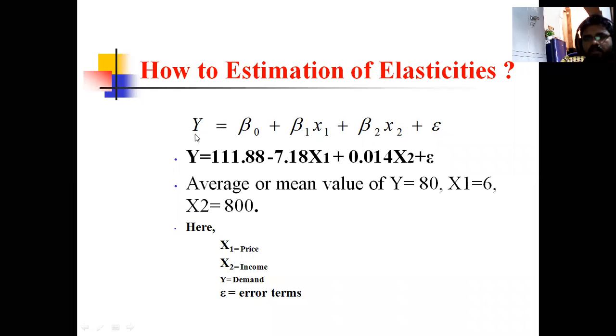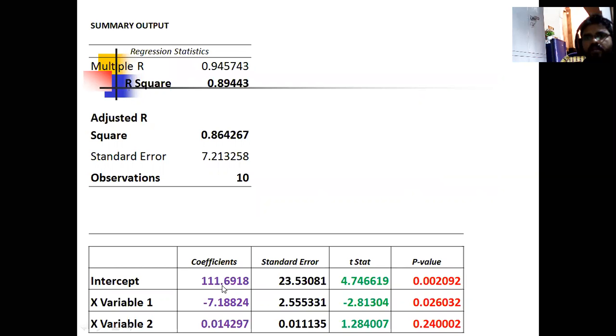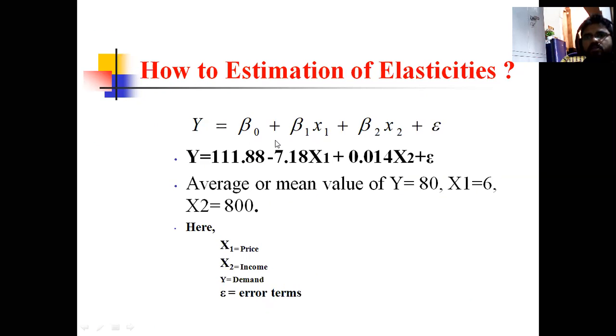For example, this is the previous model: beta 0, beta 1 x1, beta 2 x2, epsilon. Here in this equation we write beta 0 equal to 311.69, so don't confuse, no problem, minus 7.18 x1 plus 0.014 x2 value and epsilon.